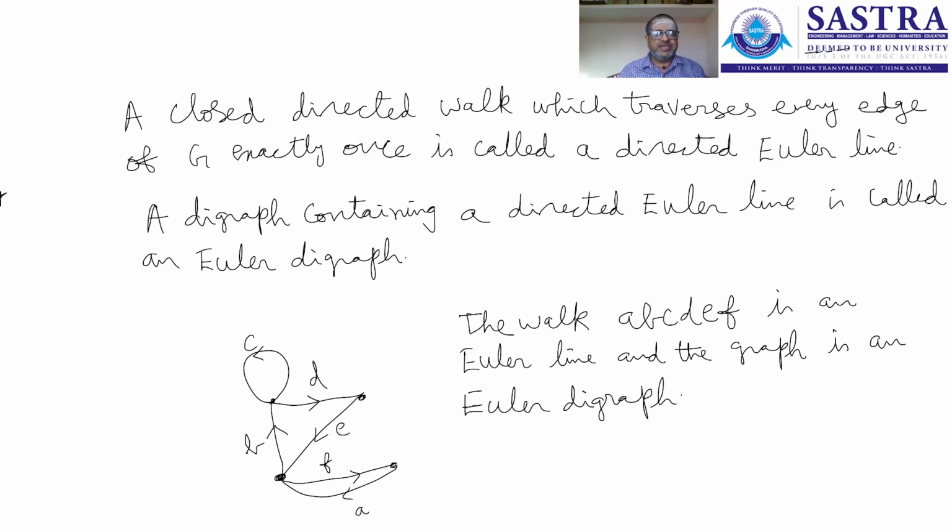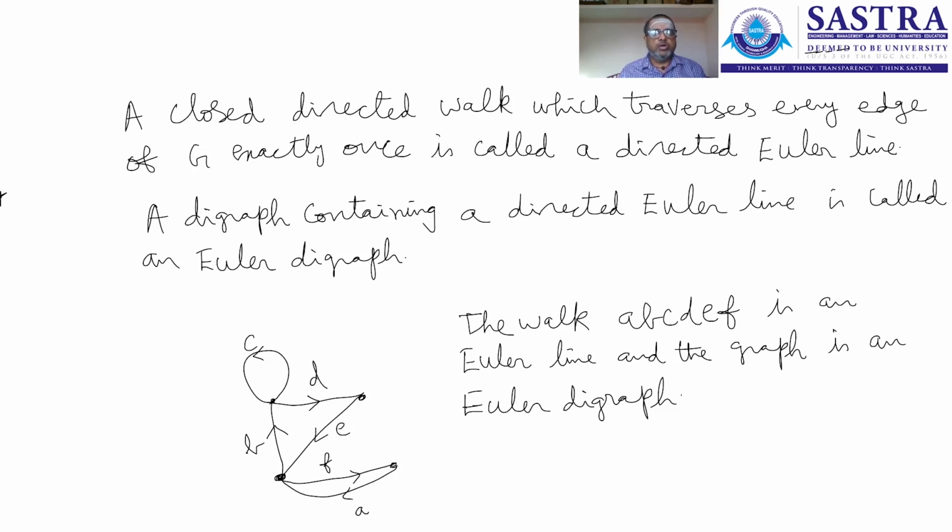I have taken an example here. You can see that when I travel through the edges A, B, C, D, E, F, I start and end at the same vertex and travel through all the edges exactly once. So this graph is said to be an Eulerian digraph.